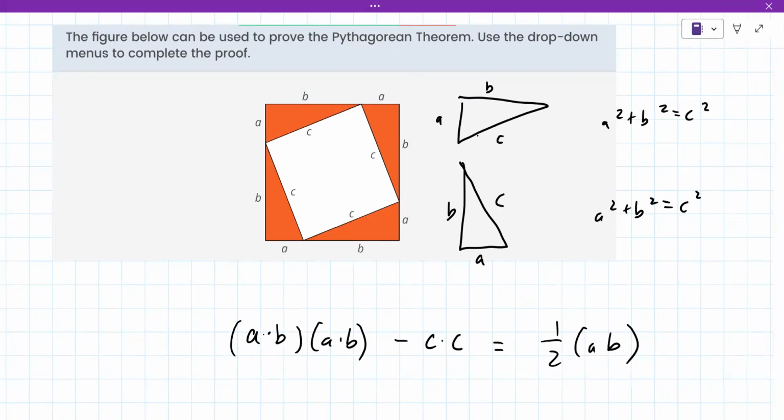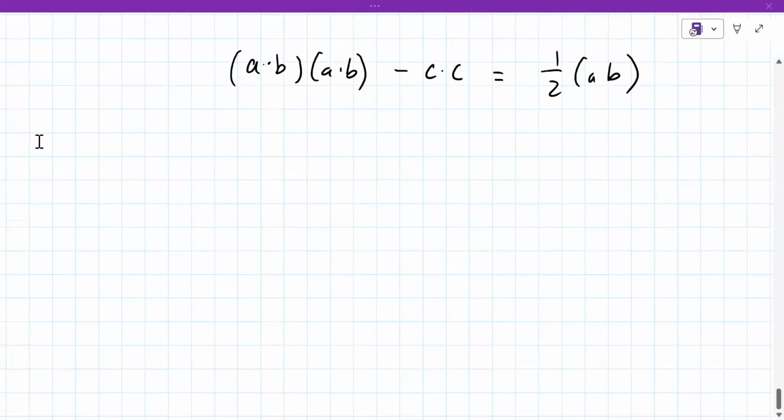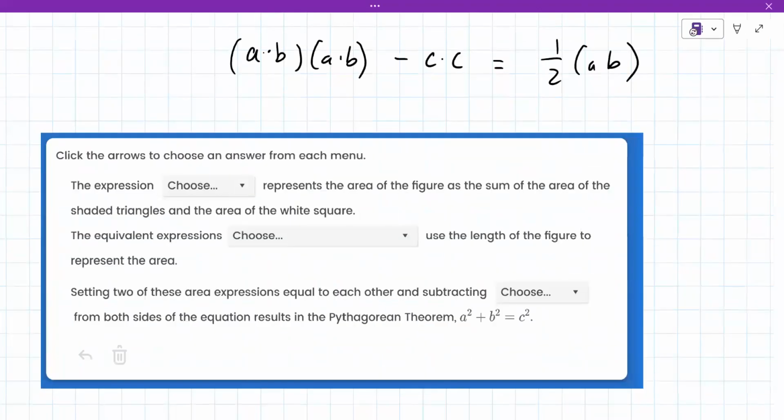So to answer the questions here, the expression, and then the first drop down, the options are, I can't really even give those to you. Not sure what to suggest here, but let me see. Oh, I can snip them in.